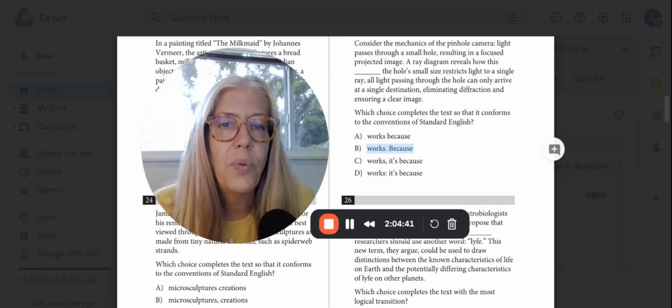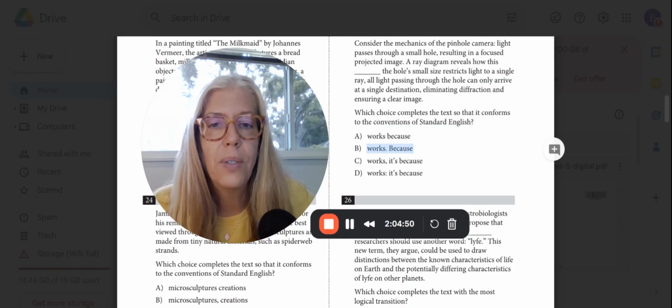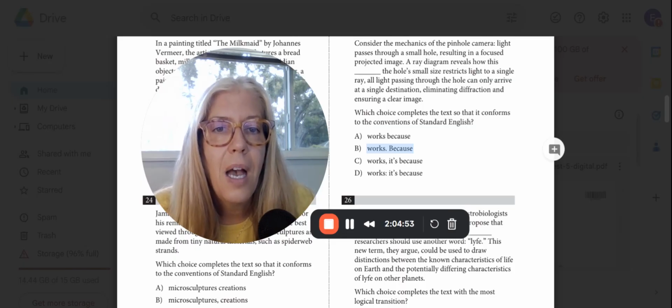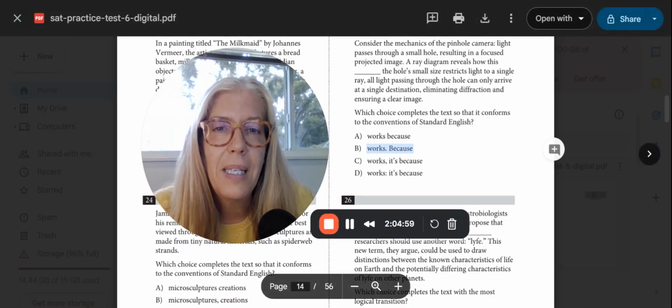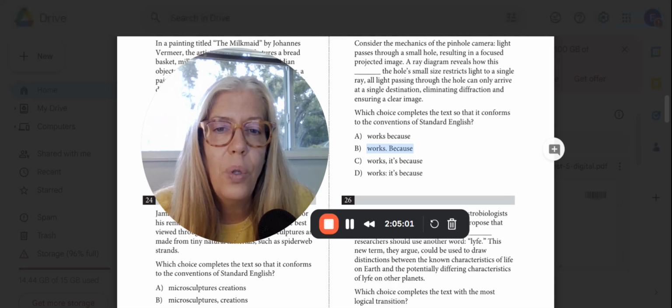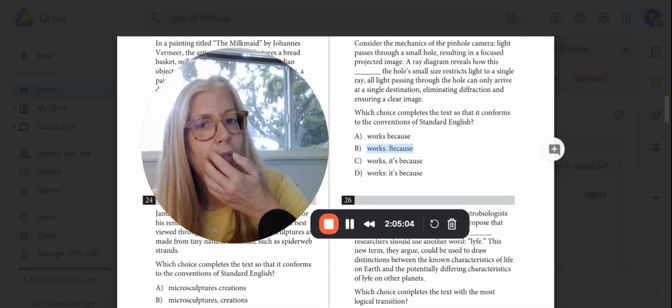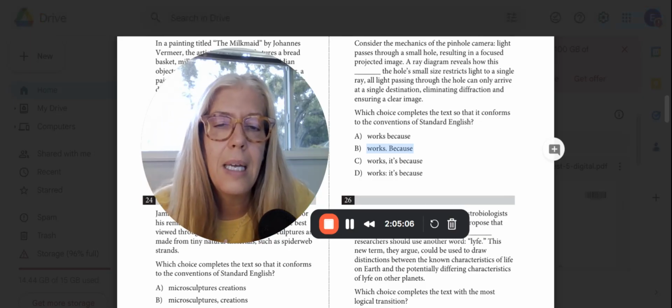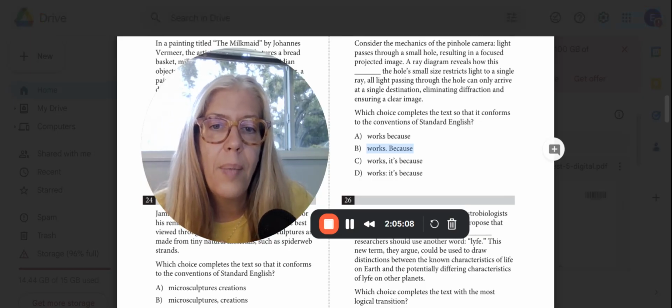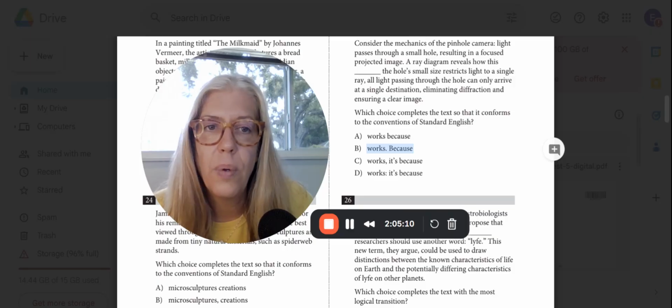Because the hole's small size restricts light to a single ray, all light passing through the hole can only arrive at a single destination, eliminating diffraction and ensuring a clear image. And that works, yes. It's not going to be a ray diagram reveals how this works. For example, it's because the hole, because essentially that means that we would lose all of that back half information. And I think we do kind of need it. And we're definitely not going with that comma, because there's no reason for that comma. So we're going to do a period in between.